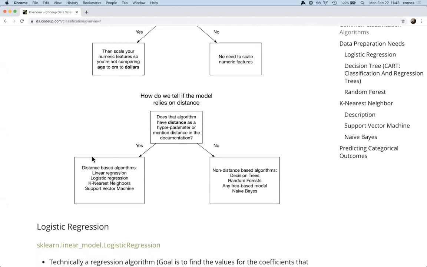So all of our classification algorithms and regression algorithms that are using distance, we need to scale our data, or your results will be really weird, or even garbage. The one place where we don't necessarily need to scale, strictly speaking, though it's not going to hurt you, is any sort of tree-based algorithm, like a decision tree or a random forest.